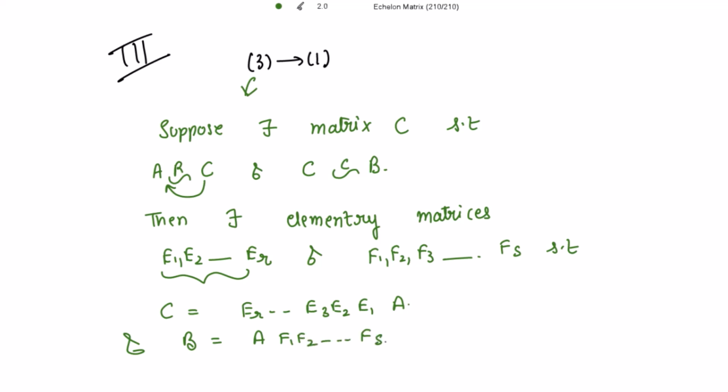B is taken to be the post multiplication of these elementary matrices with C. Please remember, for the pre-multiplication, start from Er to E1. Take the product as it is. For the post multiplication, you have to start the product from F1, F2 and so on up to Fs, right? So B is equal to C, F1, F2 up to Fs.